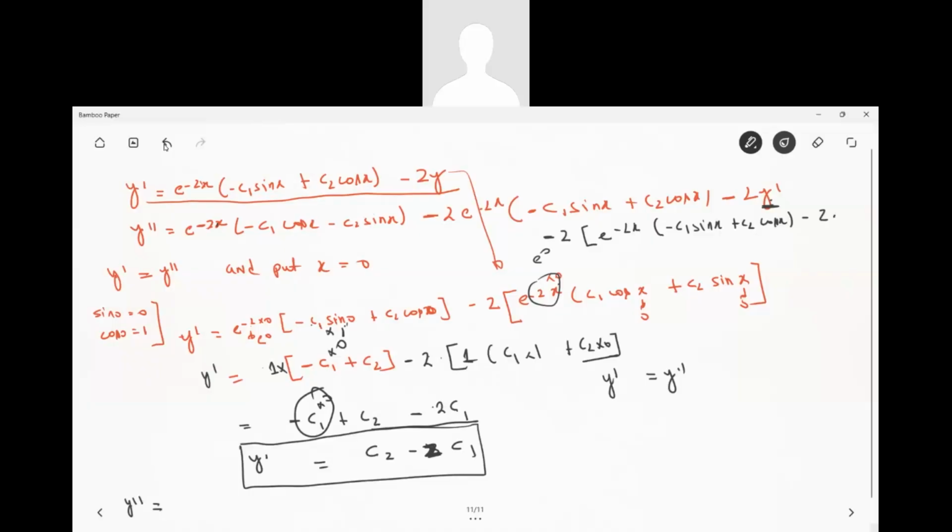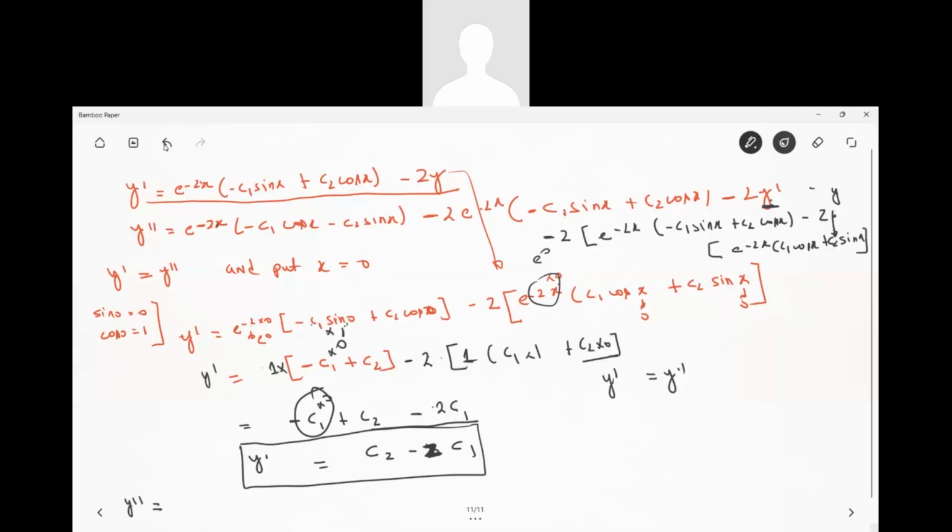So y again will come here, minus 2y. This y equation also you have to write, that would be equal to e power minus 2x and C1 cos x plus C2 sin x.